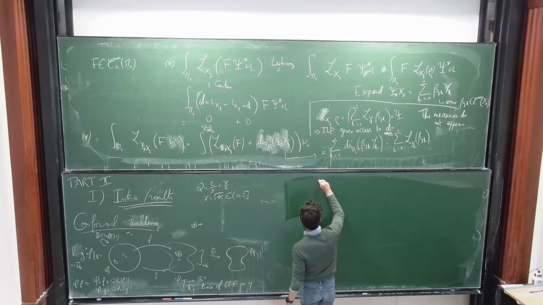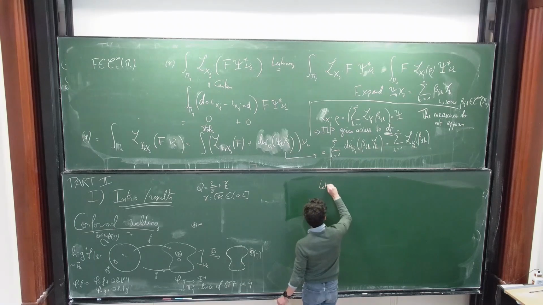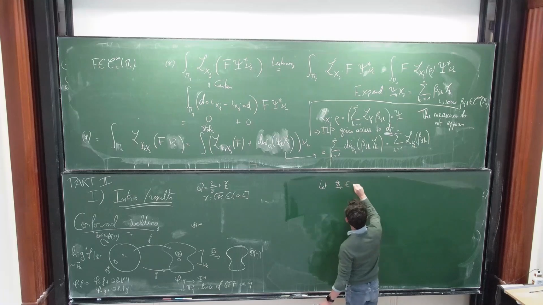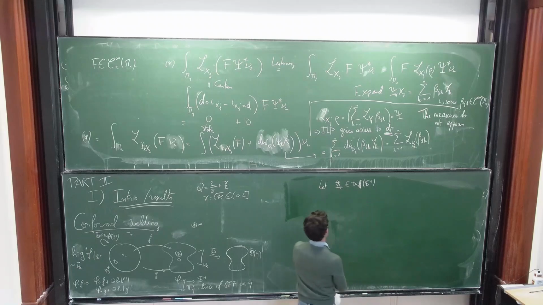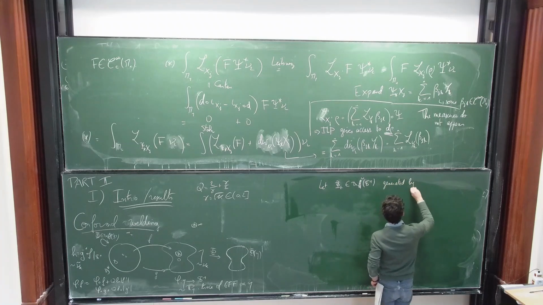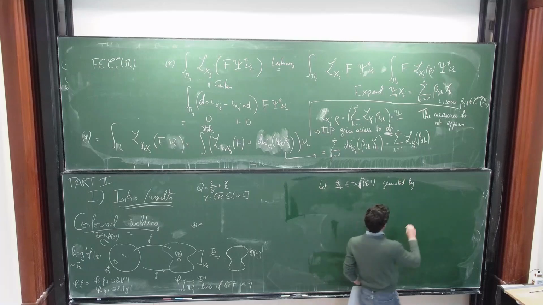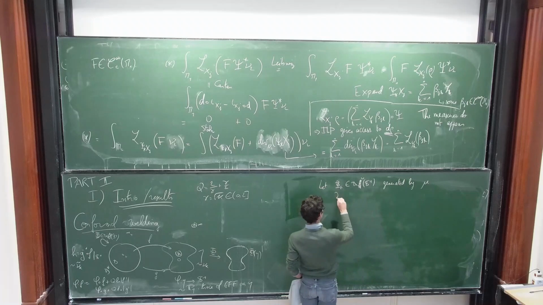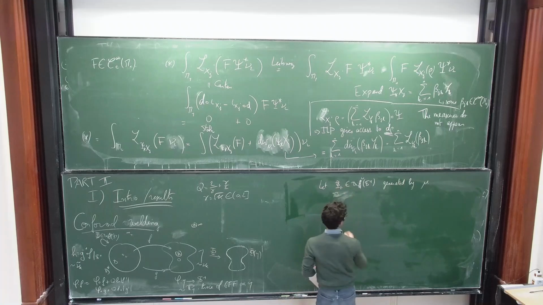Now we're going to pick a family of diffeomorphisms that are going to be analytic actually. And I want to generate them by some Beltrami differential mu, so we'll explain what it means. Well, generated by some vector field.